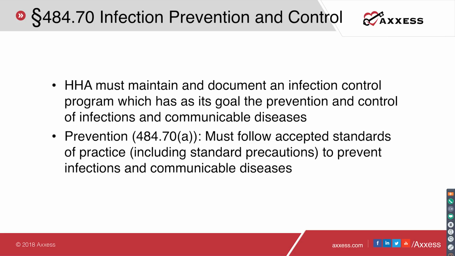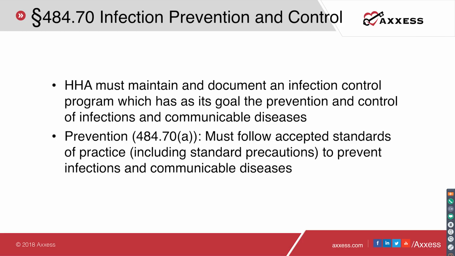You're going to want to make sure that every clinical note documents the fact that the staff member is making the right choices, that they are actually practicing standard precautions to prevent infections. We, of course, have in the functionality the ability to easily document that on all of our notes.